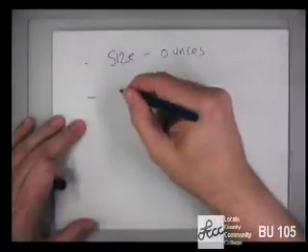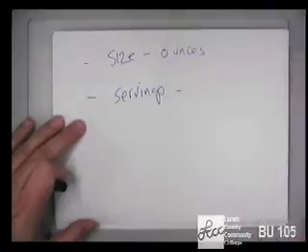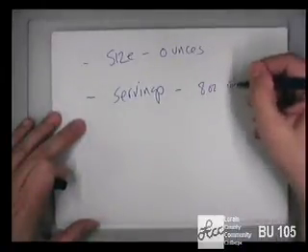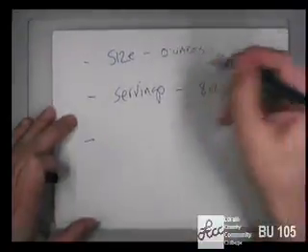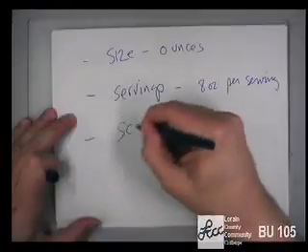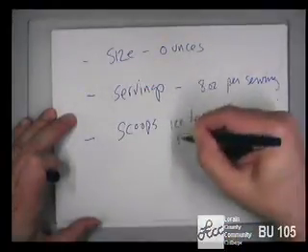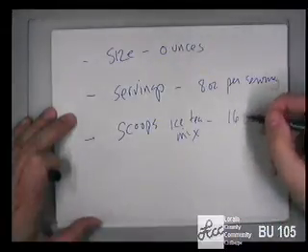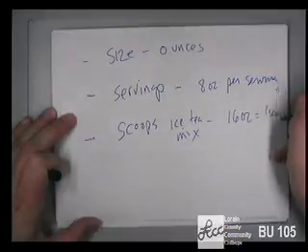A pitcher has a number of servings associated with it, and we said that there's 8 ounces per serving. And a pitcher, in addition, has how many scoops of the iced tea mix it takes, and we said that was 16 ounces, 1 scoop. Okay.